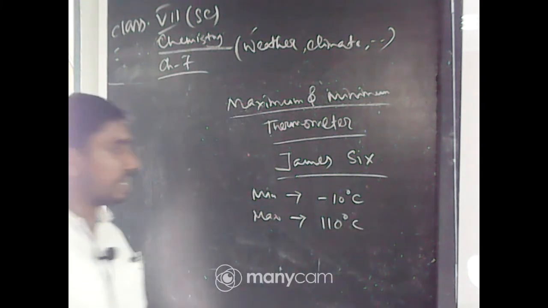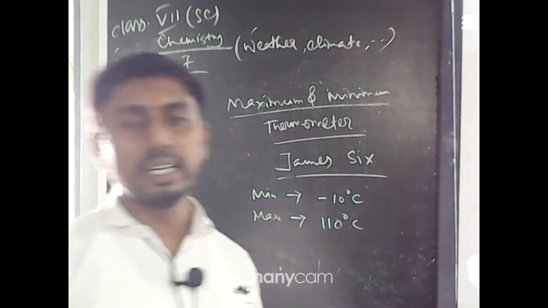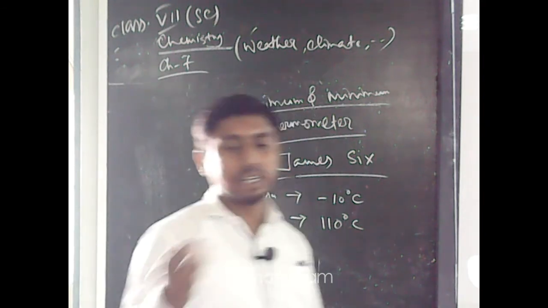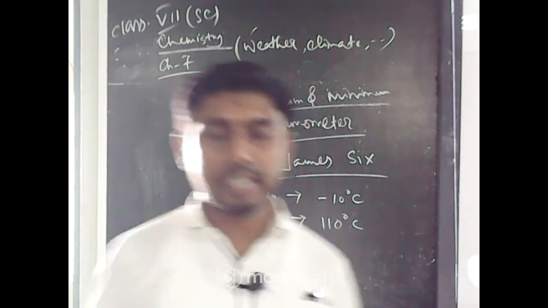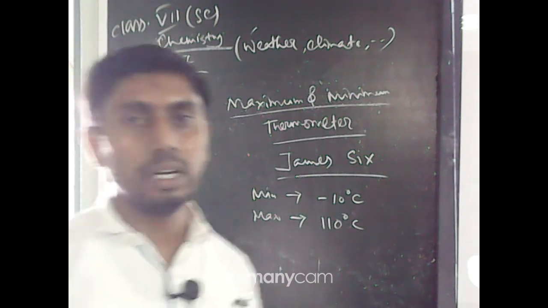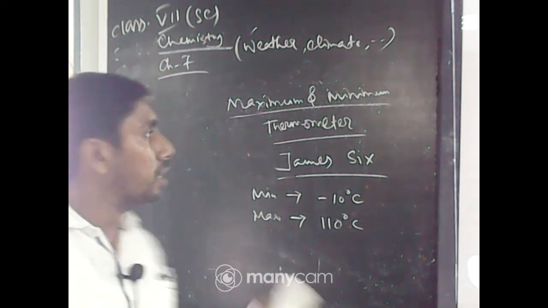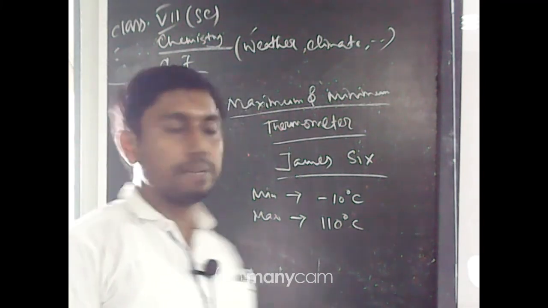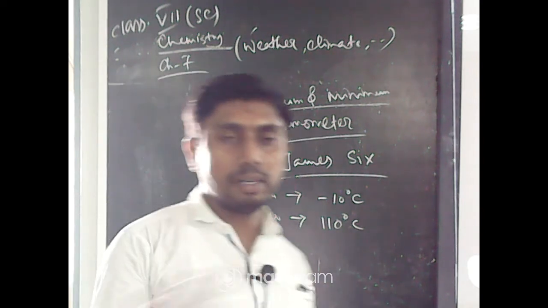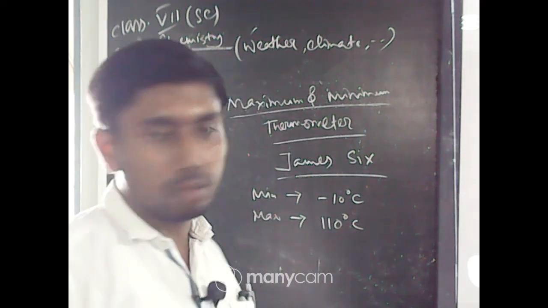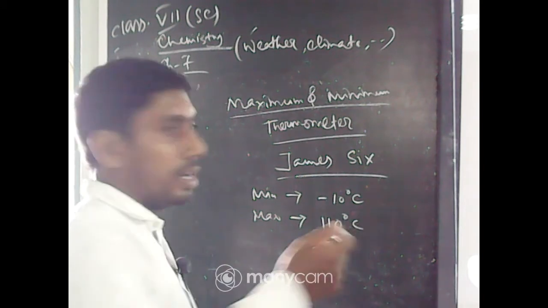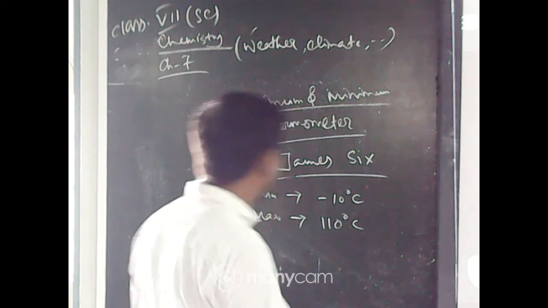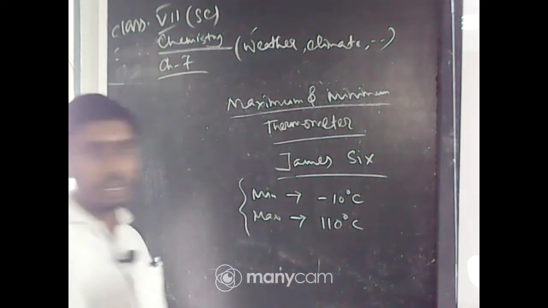Minus 10 degree is the lower limit and 110 degree centigrade is the upper limit of that thermometer. So, this thermometer, as it records at the same time the maximum and minimum temperature during a scheduled session, is called the maximum and minimum thermometer, and it is invented by James Six. It has different designs also. It does not look the same, but the minimum and maximum range is between minus 10 degree to 110 degree.